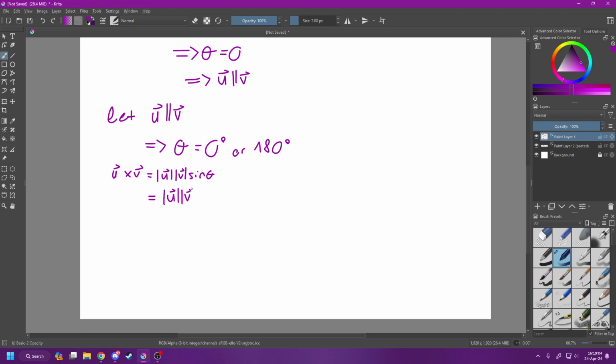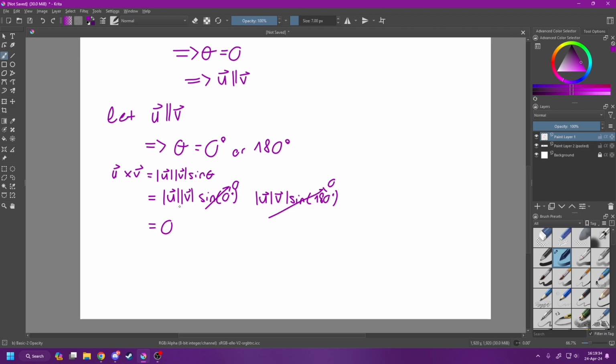So we have the magnitude of both u and v times sine 0 degrees, and we also have the exact same thing with sine 180 degrees. However, both of these are equal to 0 in the end because sine of 0 degrees is equal to 0 and sine of 180 degrees is equal to 0.